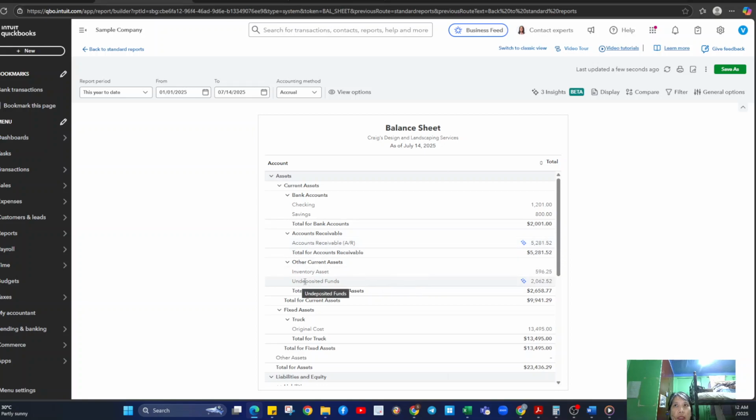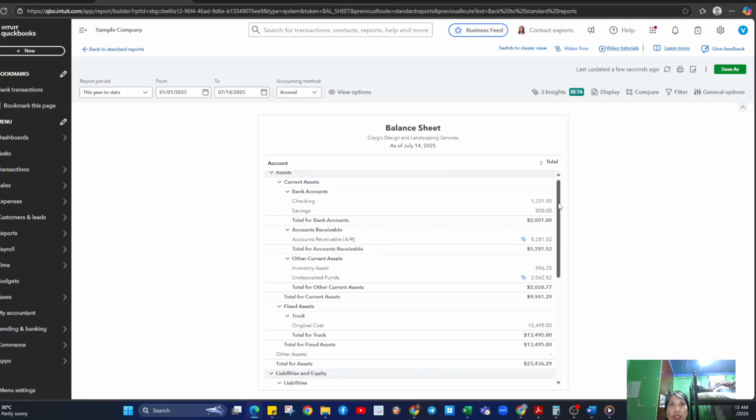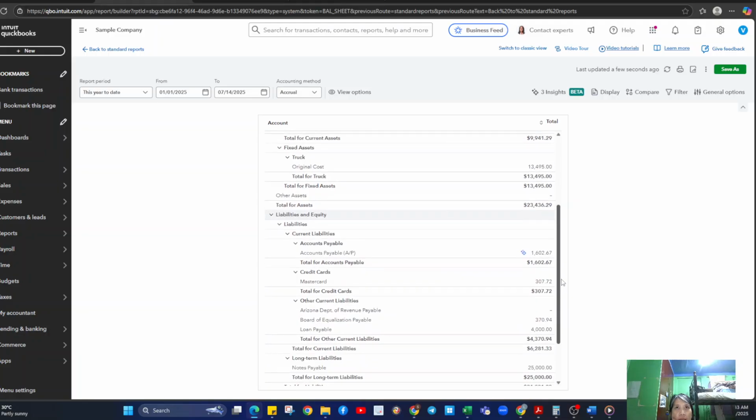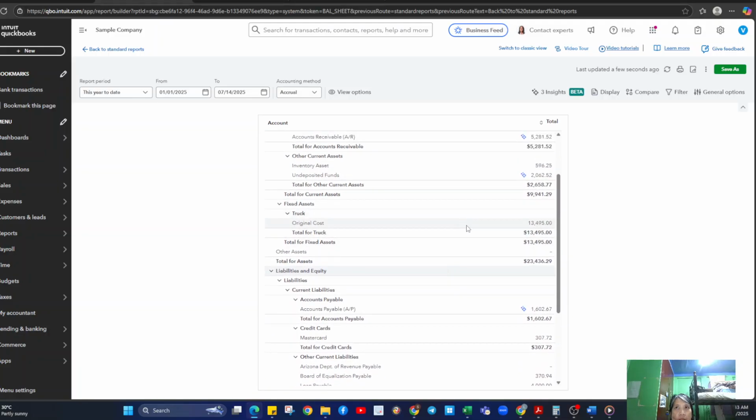We have here undeposited funds. This is something that has to be checked. Are there any funds that did not push through to the savings account? Collections made, but checks that have not been deposited. So this needs to be checked.